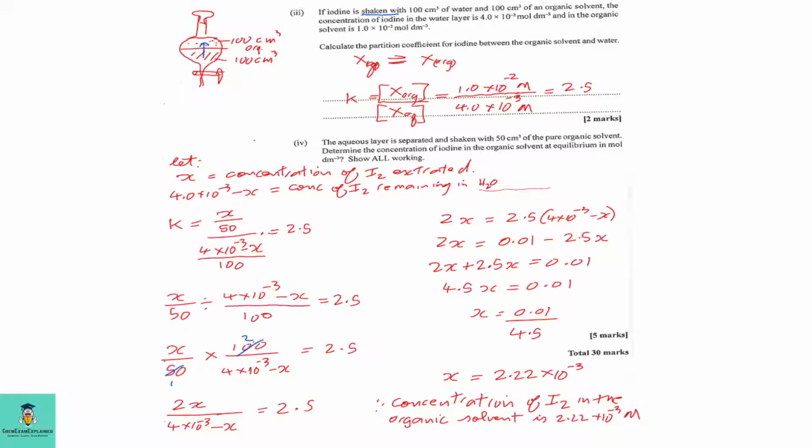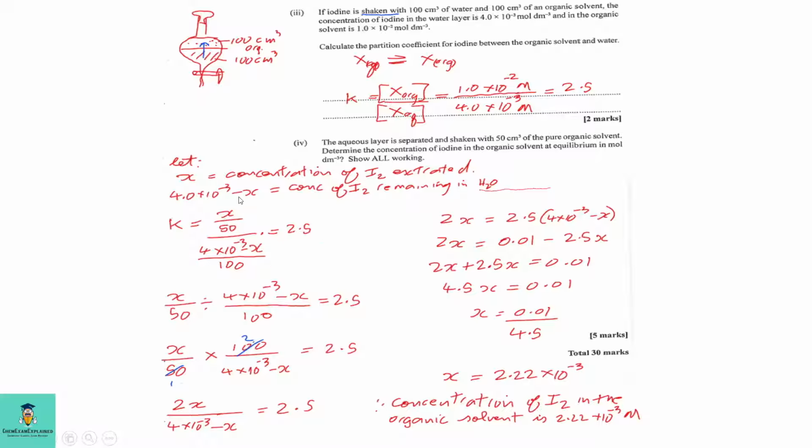So again, we can start with our equation, K equals organic over aqueous, which is converted into X over 50, all divided by 4 times 10 to the minus 3 minus X over 100. So we are going to remove some iodine from this 100 into the 50 cm³. You could draw about the same diagram, but this time it would be 100 here, aqueous, but 50 in this case for part 4. And everything is equal to 2.5.